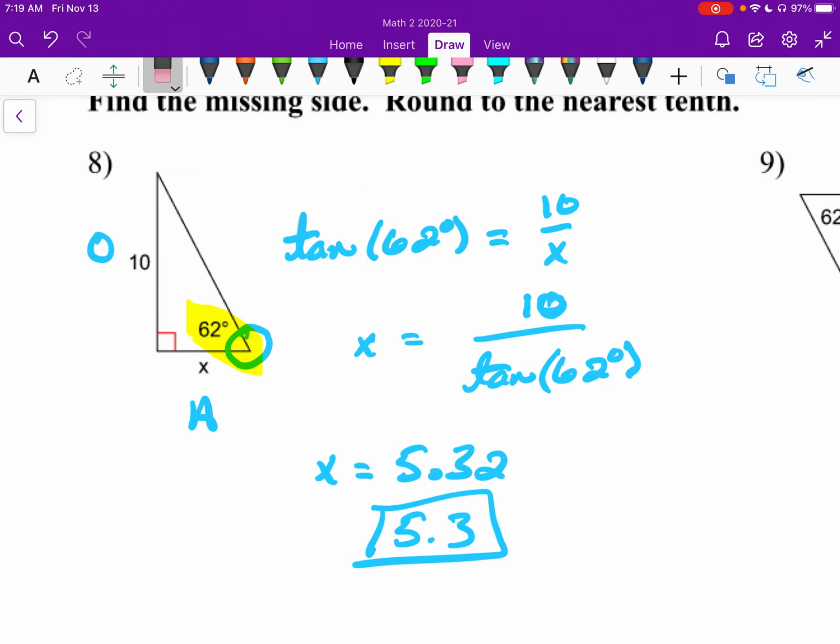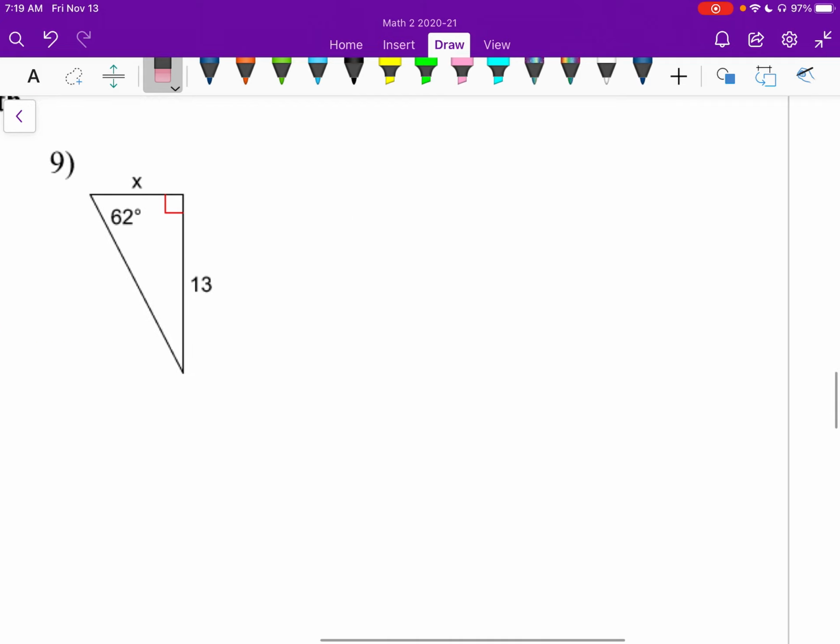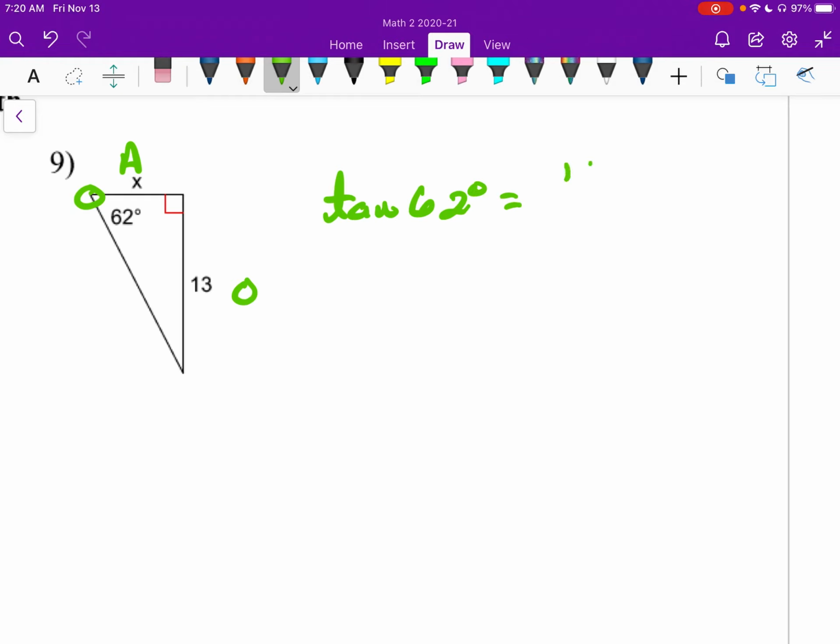All right, let's do another one. Number 9. Again, here is our angle, here's the opposite, and here's the adjacent. You always want to label what you know. You don't really care about the piece that you don't know about. This one, again, opposite and adjacent is tangent, so tangent of 62 degrees is equal to 13 over x.